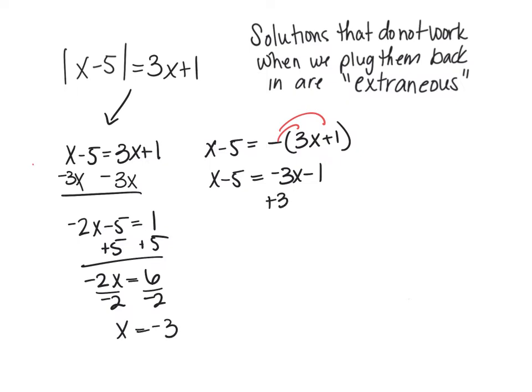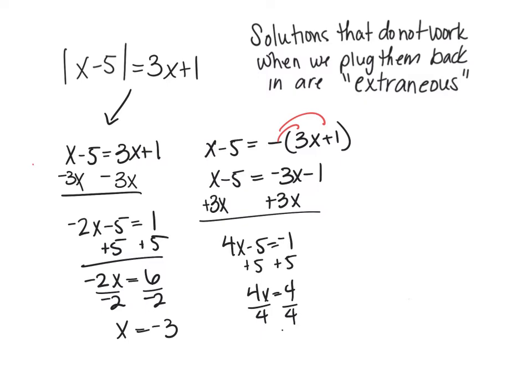And then add my 3x on this side. We get 4x minus 5 equals -1. We're going to add 5. And so 4x equals 4. Divide by 4, and x is equal to 1. Now, because we have variables on both sides, it's important to check to see if the answers work. So we're going to check them.